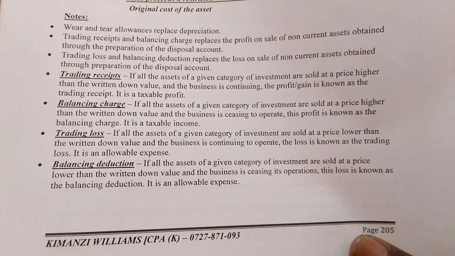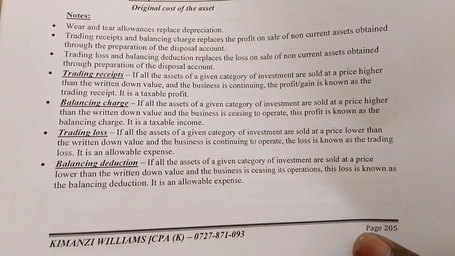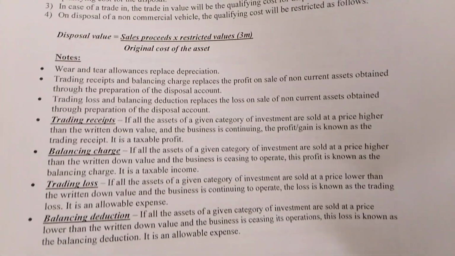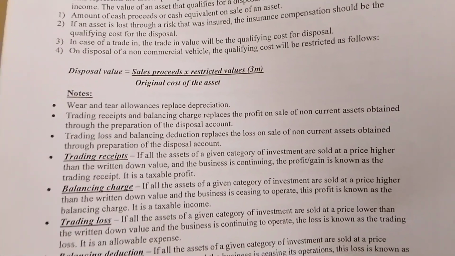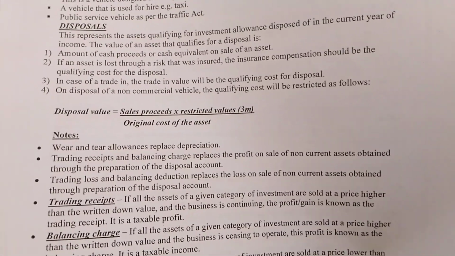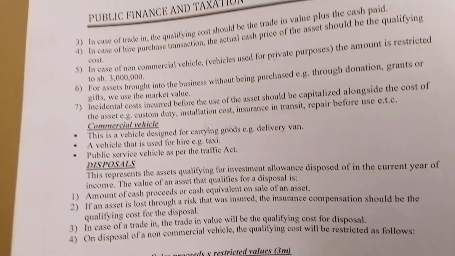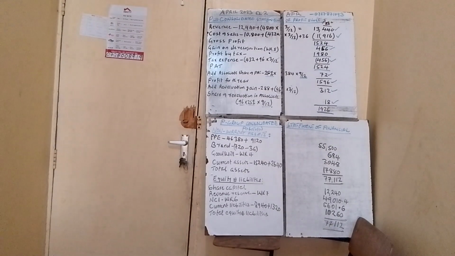So understand what is a trading receipt, balancing charge, trading loss, and balancing deduction. Additional information there like disposal value, how to go about it. Also understand the restricted values, what we mean by restricted values. Okay. Now, those are things that we did when we were doing our classes.